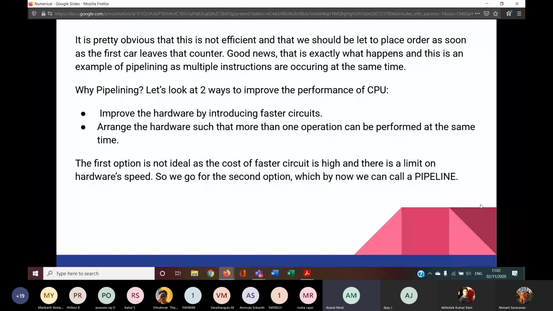We have faster circuits available, but they still remain very expensive, not available to all, and there's always a speed limit on hardware. So that's why pipelining has become universal. Pipelining is, in a way, philosophical too, because it can be applied to almost anything. So CPUs now mainly run on this principle, which is pipelining.